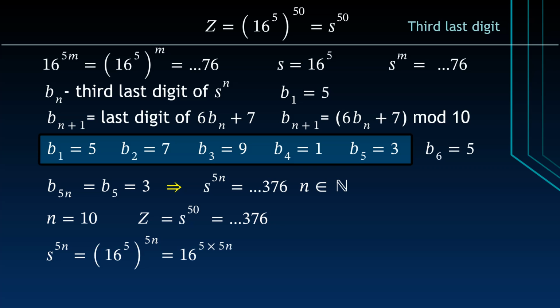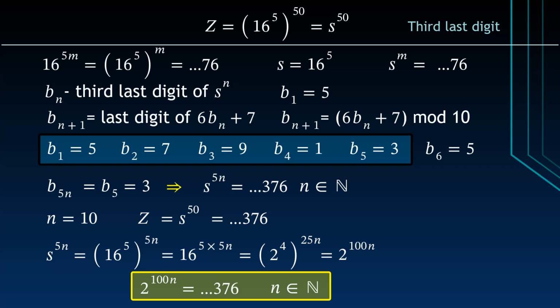Again, we use the power multiplication rule, and we can also replace 16 with 2 to the power of 4. Using the power multiplication rule again, we get that s to the power of 5n equals 2 to the power of 100n. So we can write that the last 3 digits of 2 to the power of 100n are 3, 7, and 6 for any natural n.